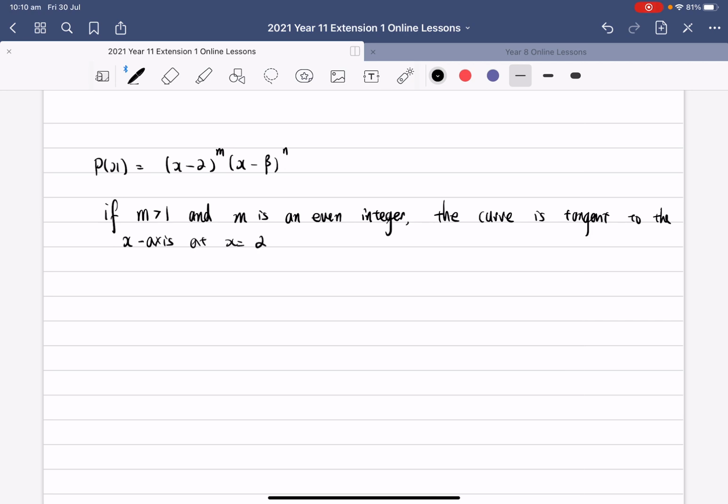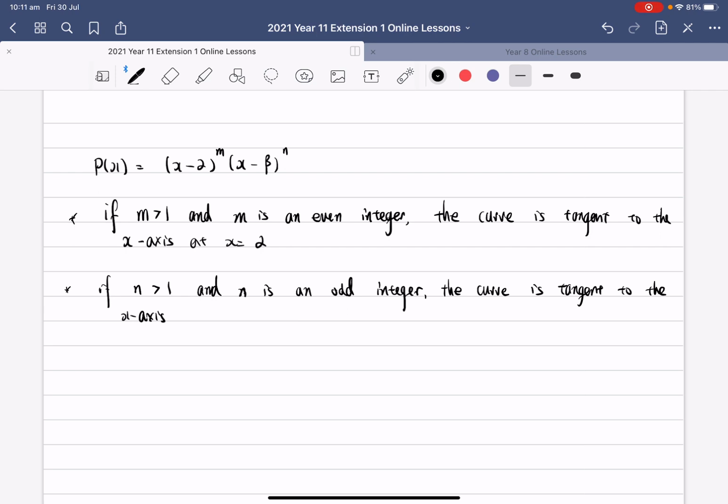Now we've done this before when we were dealing with curve sketching, so this is not new to you. All right, next one is if n is greater than 1 and n is an odd integer, so therefore x equals beta has an odd multiplicity of at least 3, then this time the curve is still tangent to the x-axis, but this time it crosses the x-axis.